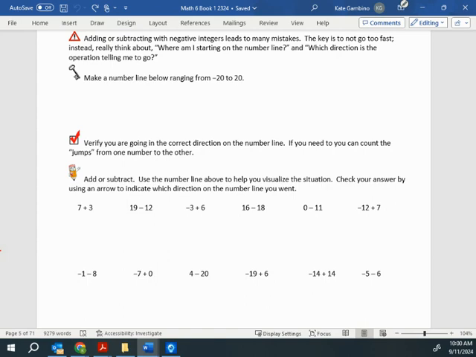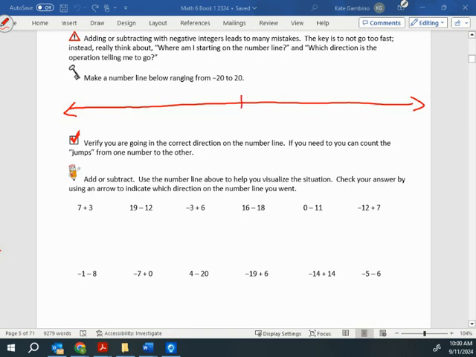So in this empty space right here, we're going to make a number line ranging from negative 20 to a positive 20. I always put arrows on my number lines because it's just a reminder that numbers go on forever. Right in the middle, I'm going to put a 0.